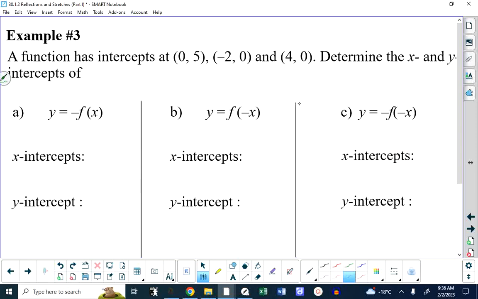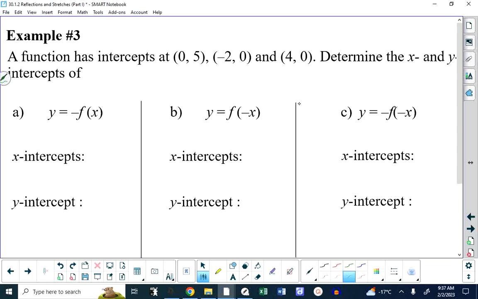So let's take a look at some examples here. A function has intercepts at particular points. What are the intercepts of the following functions? Well, let's do this from a purely analytical standpoint, without much thought. In other words, we're going to let the math do the work.